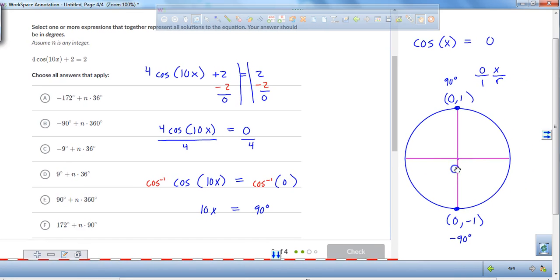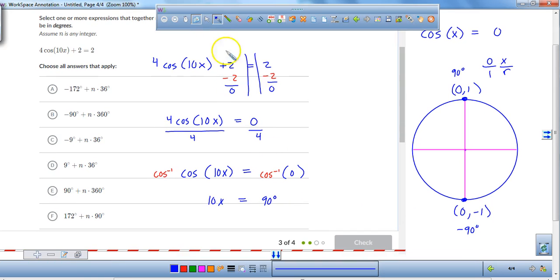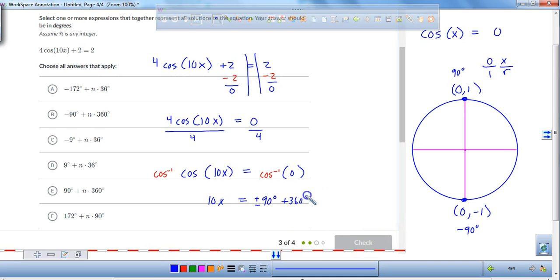But from the unit circle, we can see that it could be 90 degrees, but we could also have negative 90 degrees. That's when the 0 over 1 or 0 over negative 1, it's still 0. So I'm going to say this is going to be plus or minus 90, because that could get us here or here. And then I'm going to add 360 degrees to that over and over and over again.